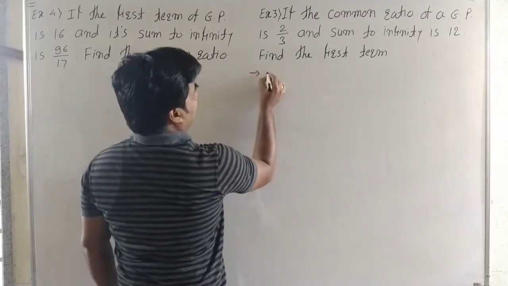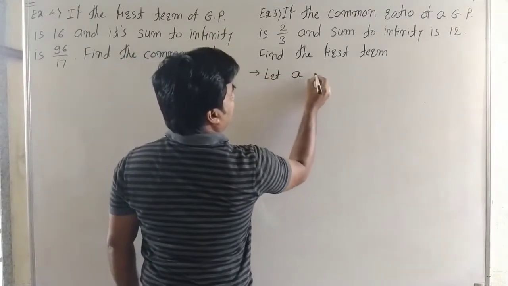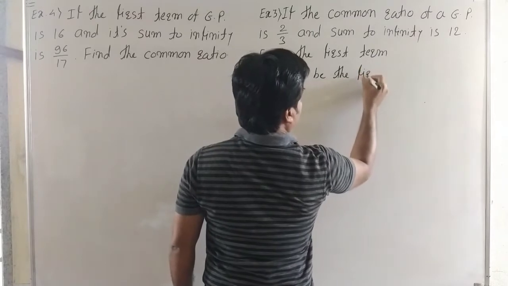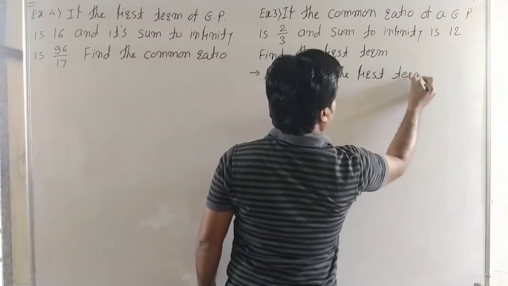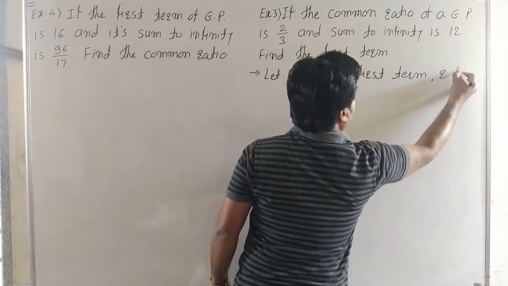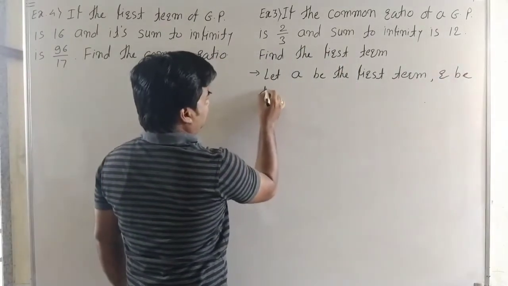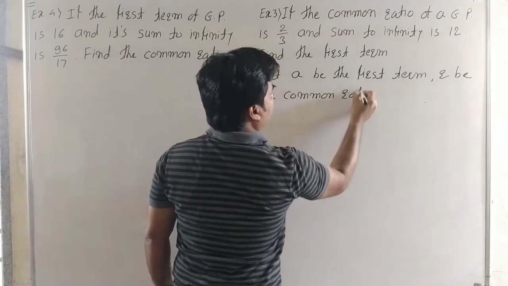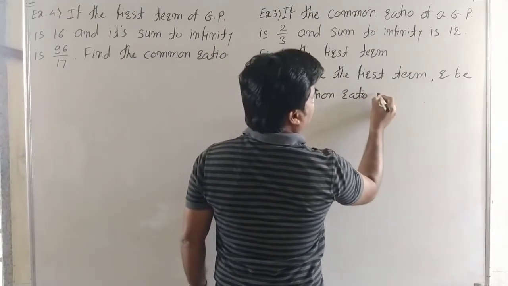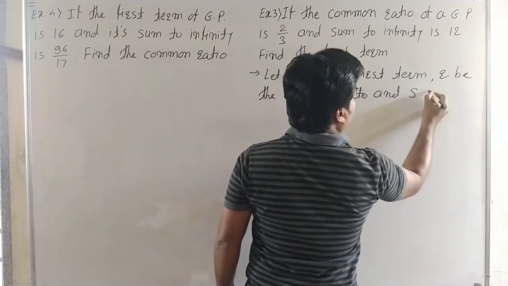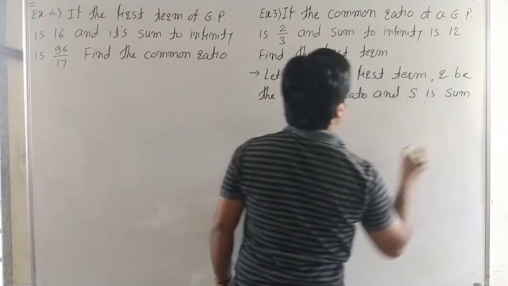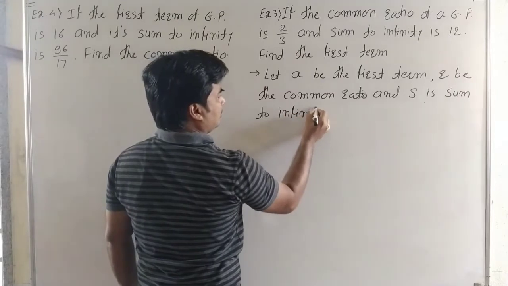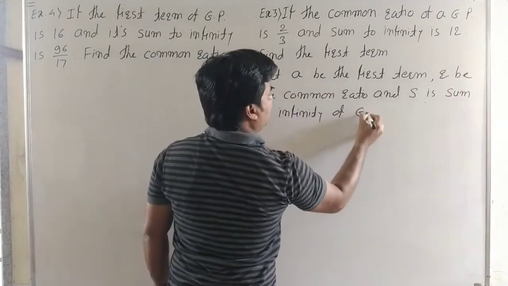Here let a be the first term, r the common ratio, and S the sum to infinity of a geometric progression.